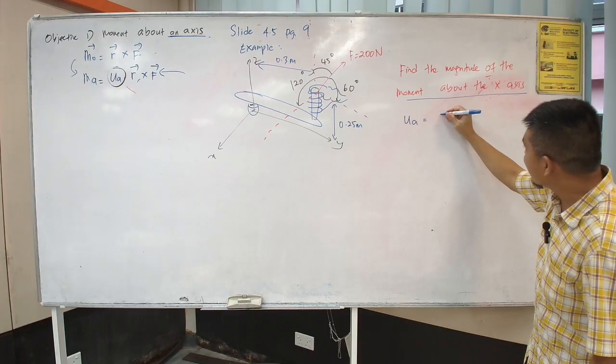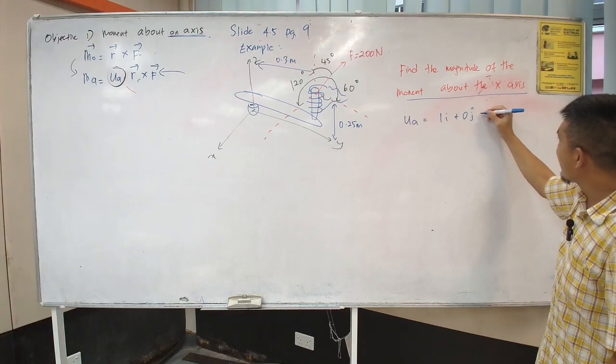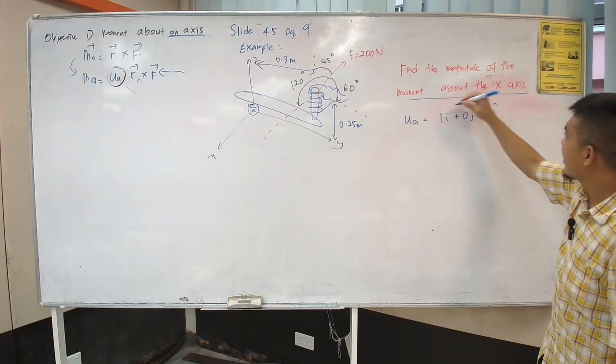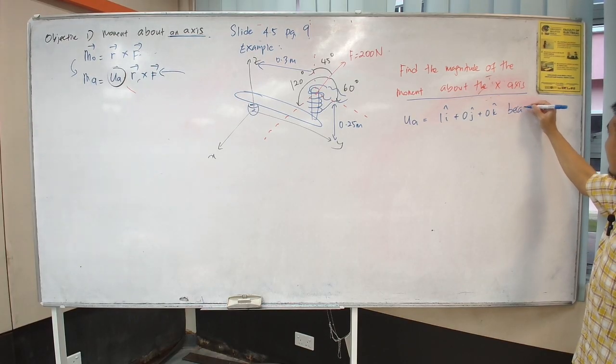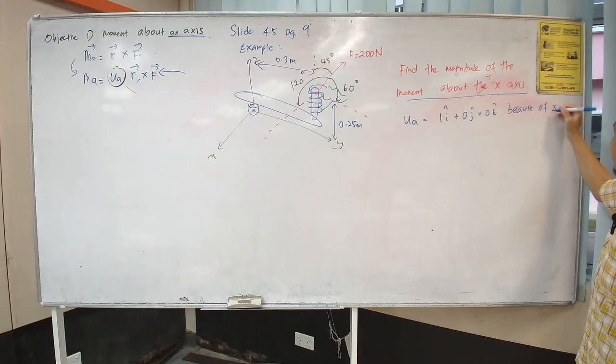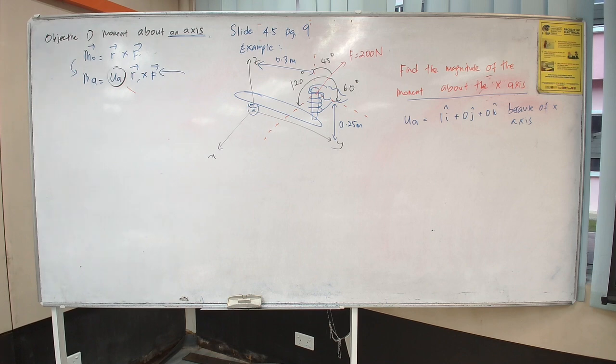So I can say that it is 1i plus 0j plus 0k, because of the x axis.